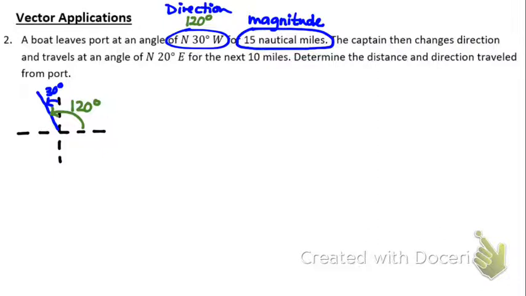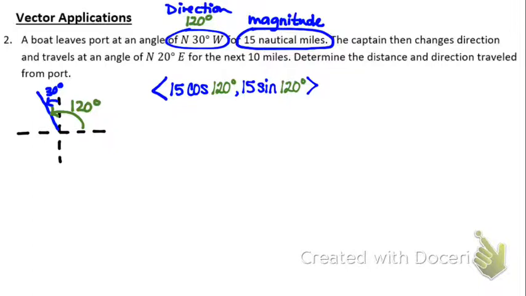So help me write the vector for the first sentence. 15 cos 120. 15 sine 120. Perfect. So there's the first part of this boat's trip.